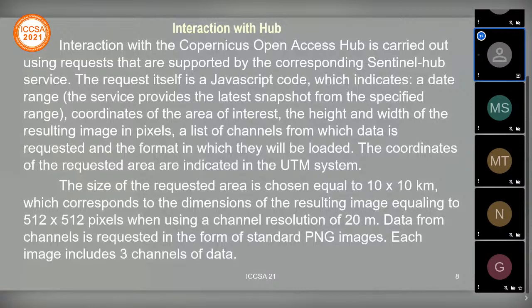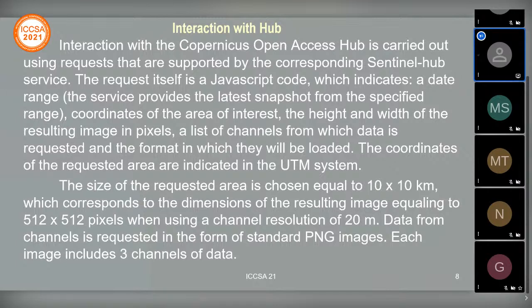Interaction with the Copernicus Open Access Hub is carried out using requests that are supported by the corresponding Sentinel Hub service. The request itself is JavaScript code, which indicates the range of coordinates of the area of interest, the height and width of the resulting image in pixels, a list of channels from which the data is requested, and the format in which they will be loaded.